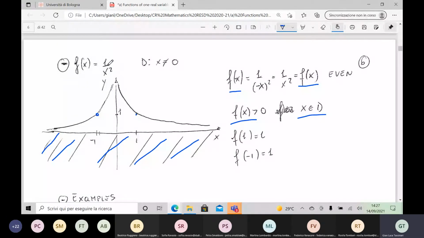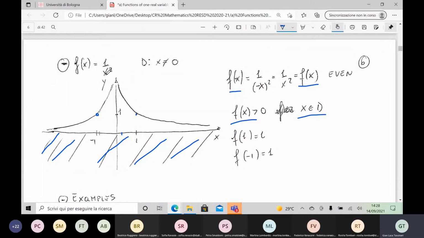What happens instead if we get closer and closer to 0? For example, consider the point 1 over 3, only as an example, which is f of 1 over 3. Put 1 over 3 inside your function, so you have 1 over (1 over 3) to the power 2. So you have 1 over 3 to the power 2 is 1 over 9. So you have 1 over 1 over 9, which is 9. So you see that 9 is huge.